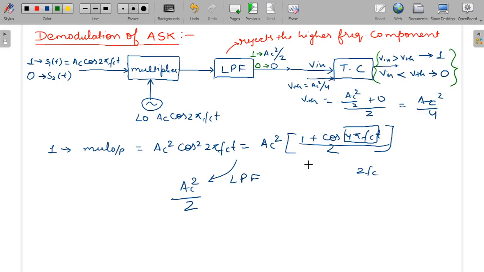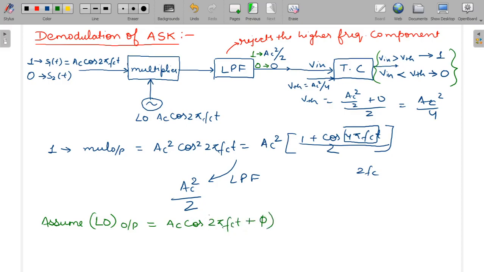Now if you have any doubt, you can ask me in the comment section. But there is one important thing. Assume the local oscillator output is equal to Ac cos(2 pi fc t plus phi).